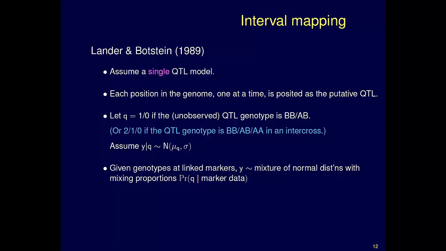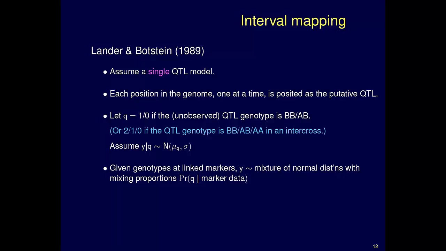What interval mapping does is it's like doing an analysis of variance at a marker. It assumes that there's one and only one QTL in the genome, but then considers each position one at a time, each position individually in the genome, as the location of that QTL. Some arbitrary location, but that location need not be at a marker, but could be at any position in between markers.